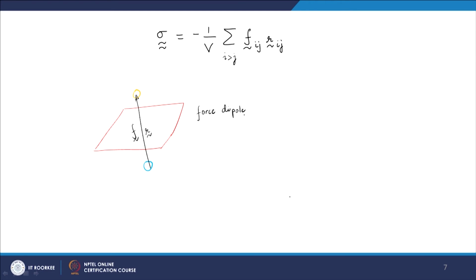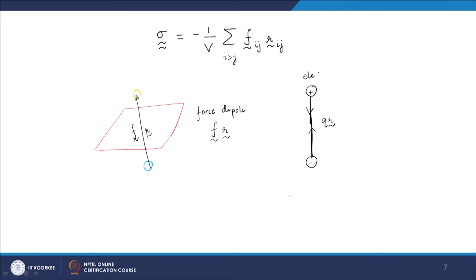This is analogous to what we know about an electric dipole. In an electric dipole we have a plus and a minus ion, for instance, forming a dipole, and the net dipole moment is given as something like QR, just like here we have FR, except that here we are interested in a vector quantity F as opposed to a scalar quantity Q in the case of an electric dipole.